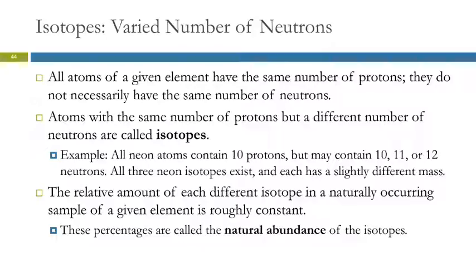It doesn't change much, whether you got your helium from the balloon store, or whether you got it from the scientific supply store, or whether you went and isolated it from the air. It's going to have the same relative amounts. And it's usually expressed as a percentage, and it's called natural abundance. So the natural abundance of an isotope is what percentage of the total isotopes are that particular isotope.